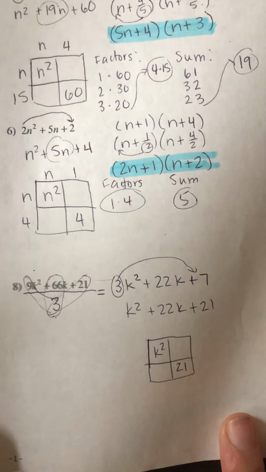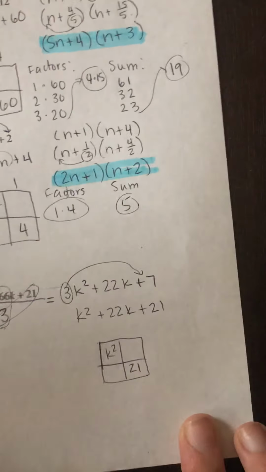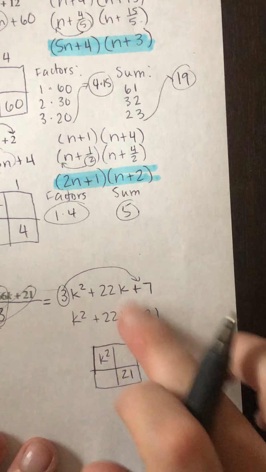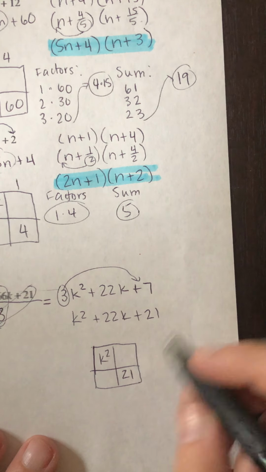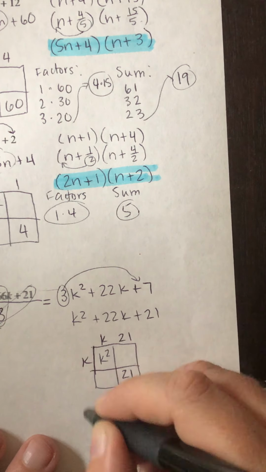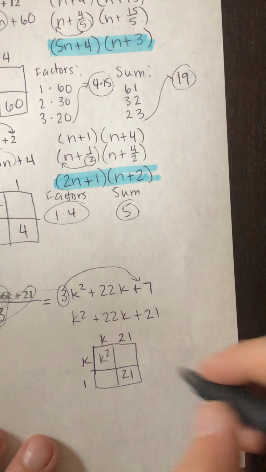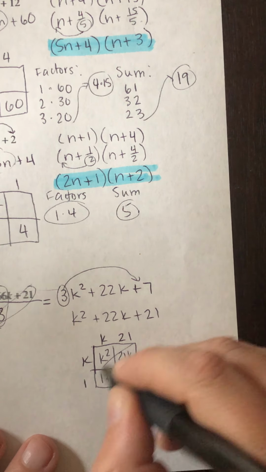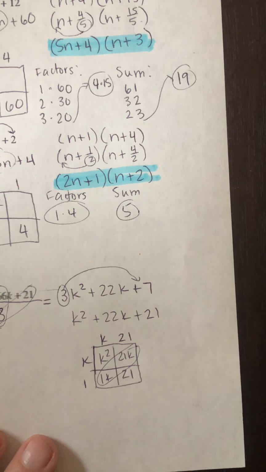Our factors of 21, we're going to skip that step here just because 21 times 1 is going to give us 21 and a sum of 22. So that's pretty easy. We're going to use 21 and 1. That's going to give us 21k and 1k, which will sum up to give us 22k.